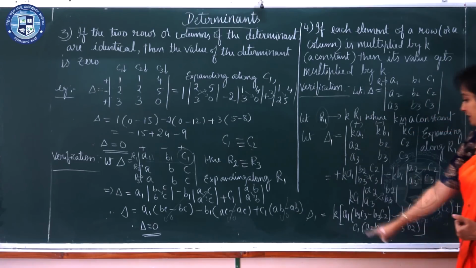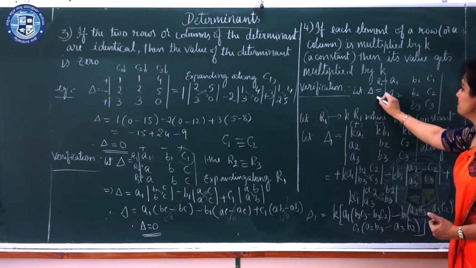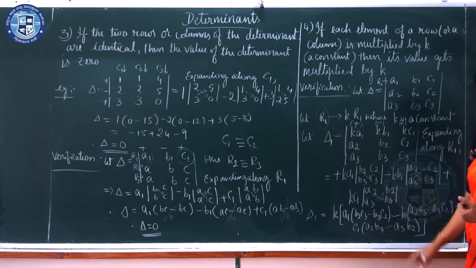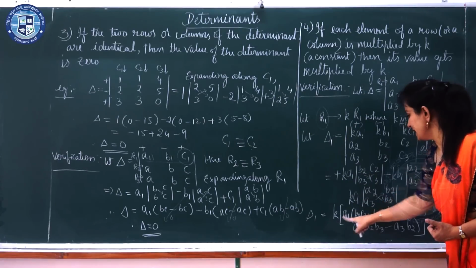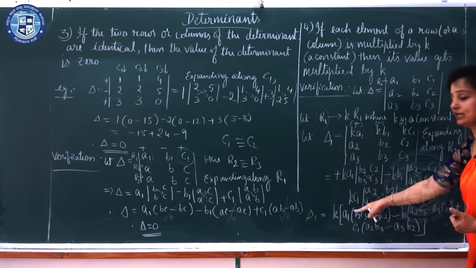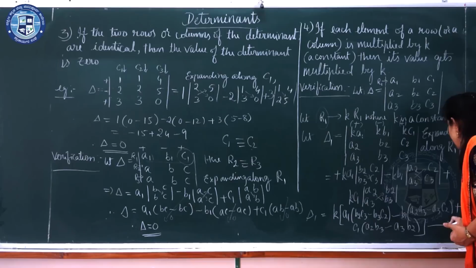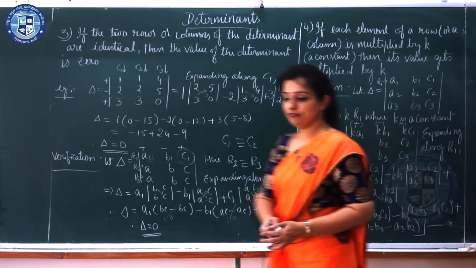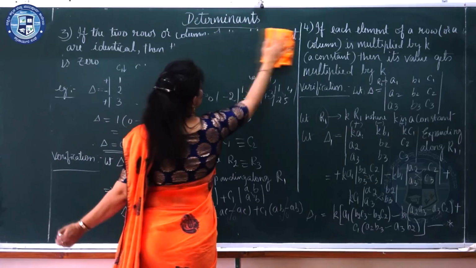If you can observe, K times this expansion is nothing but the expansion of delta. We have taken the expansion of this delta many times. So, K times this expansion is nothing but delta. If you take this as star, we will see what value we get while expanding delta.